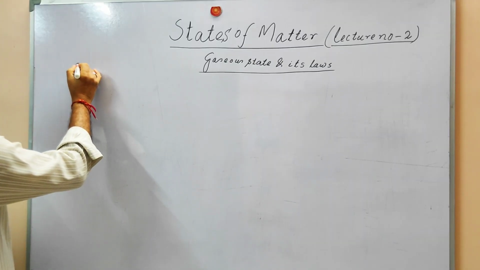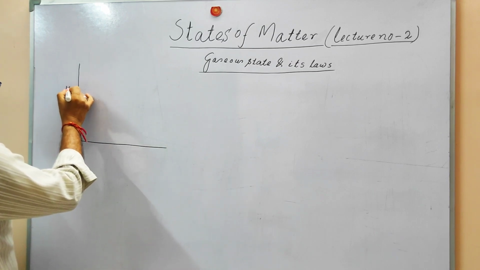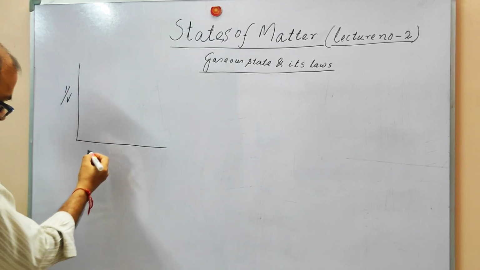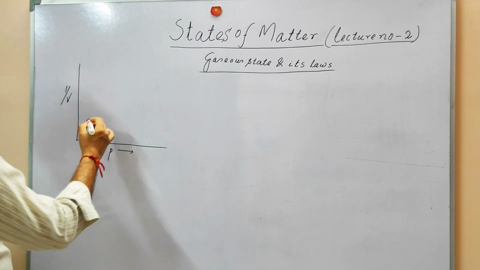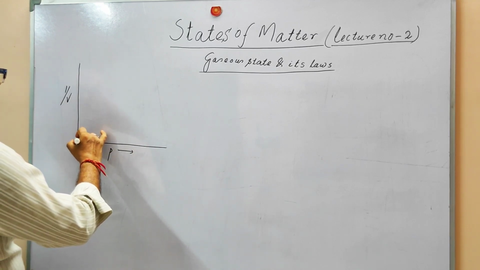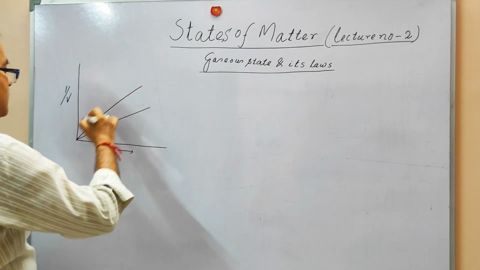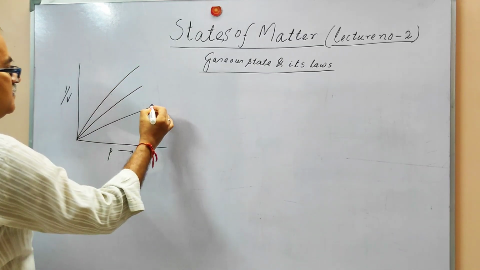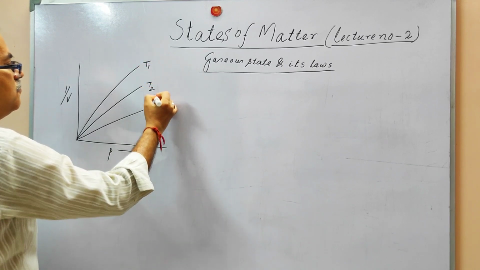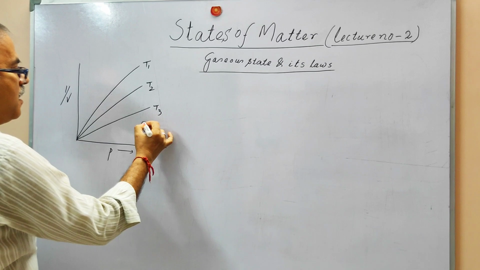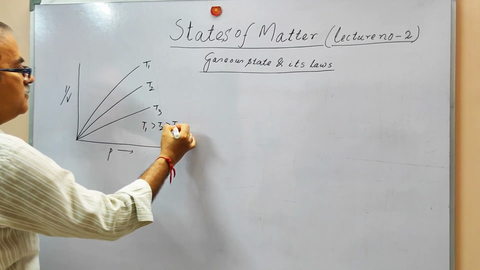This graph can be represented in this way also. We take the inverse of the volume on the y-axis and pressure on the x-axis. At that time also, at different constant temperatures, these graphs will be like this, where T1 is greater than T2, and T2 is greater than T3.